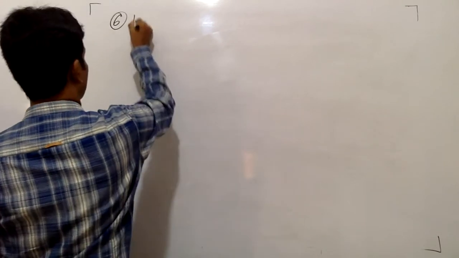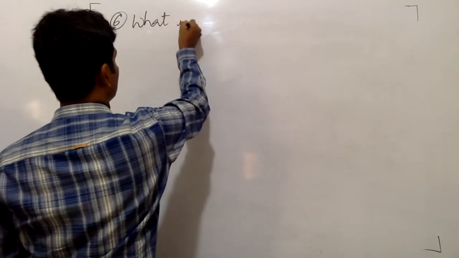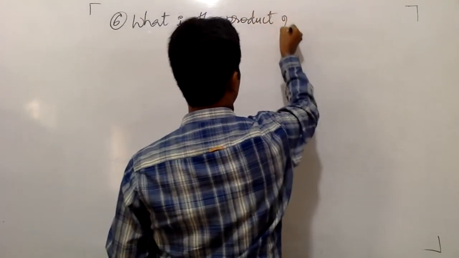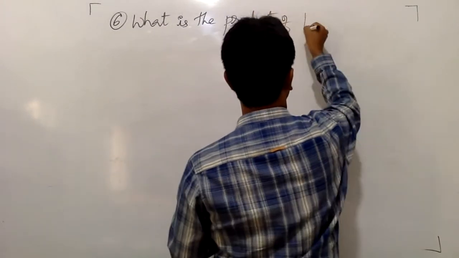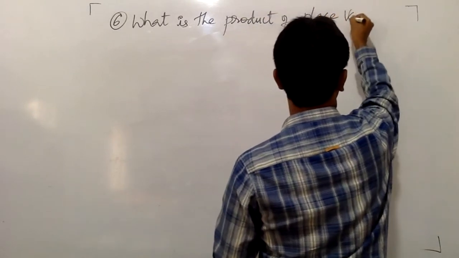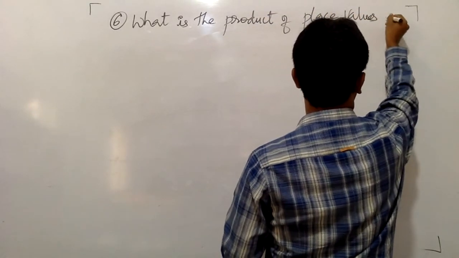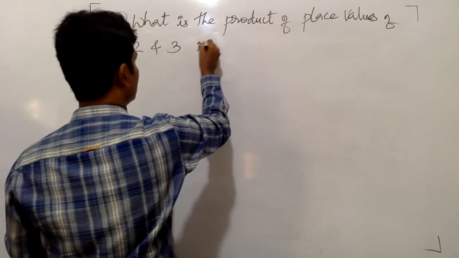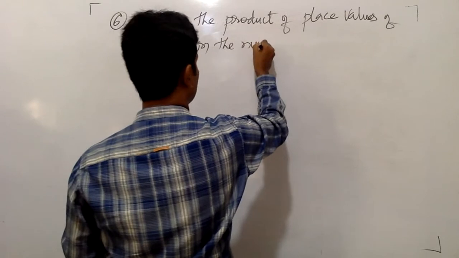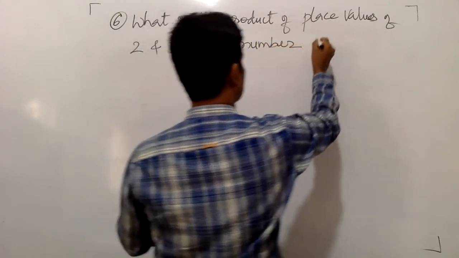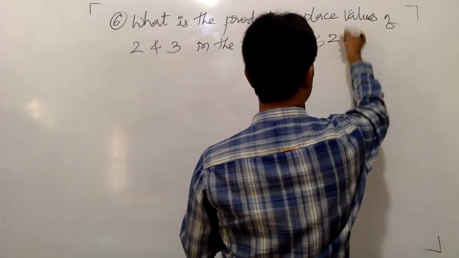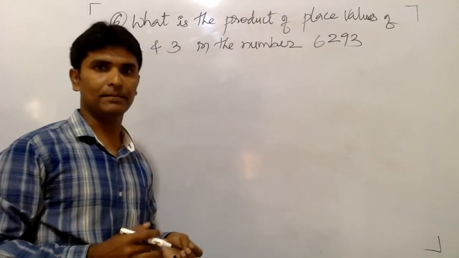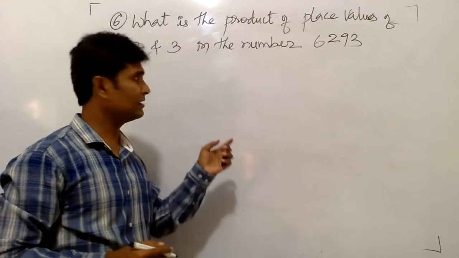What is the product of place values of 2 and 3 in the number 6293? See, it is a little different. Okay, it is not difficult, it is a little different.